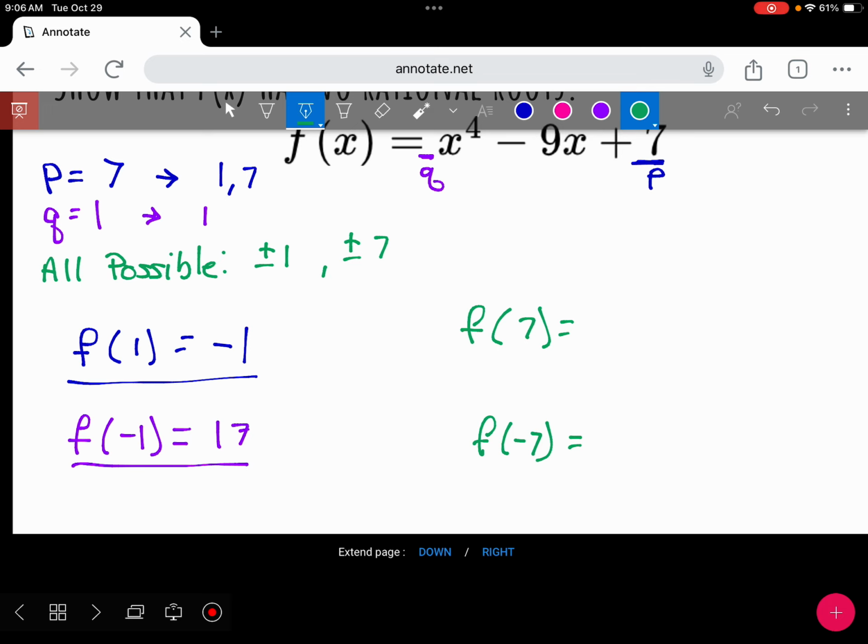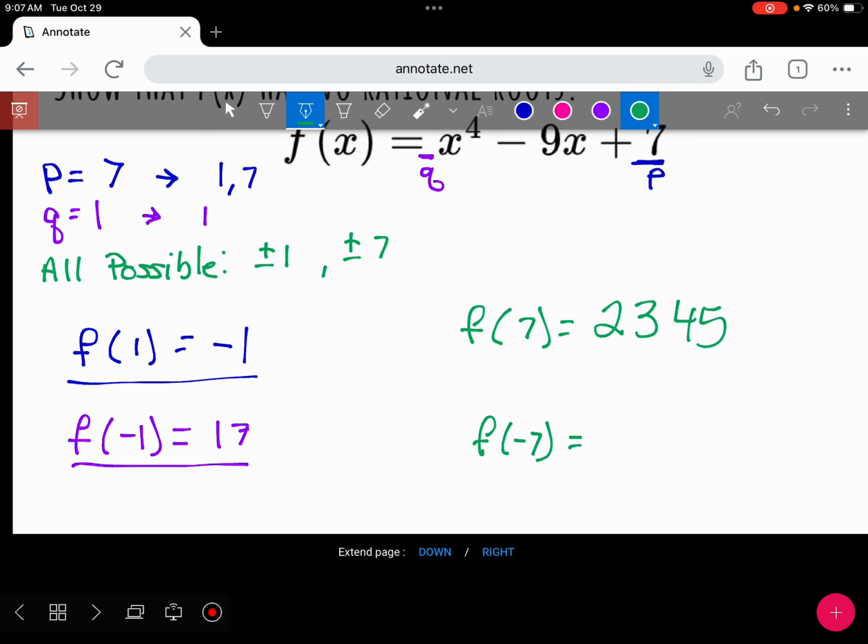Make sure we're not in the exponent. 2004. Plus 7. I am in the exponent there. Yep, we should have 2,345. So that one's very clearly not a root.